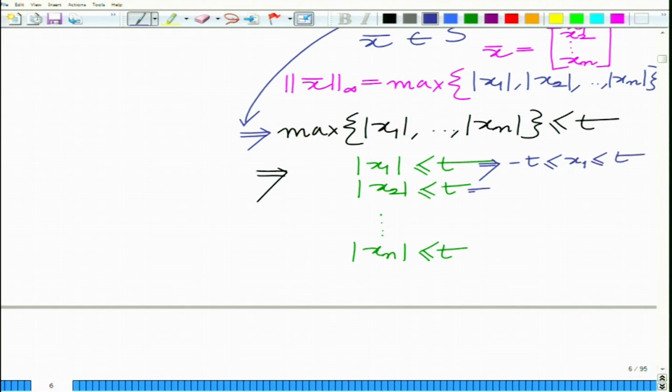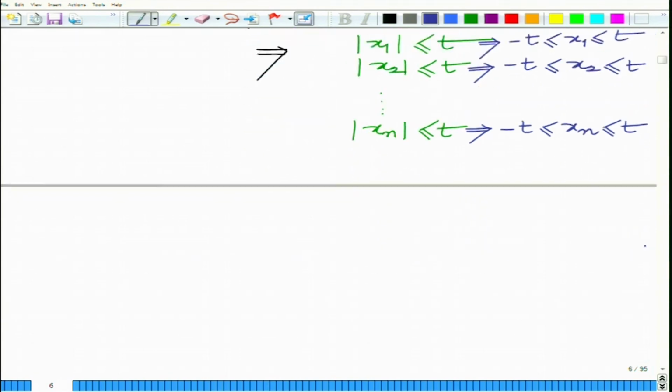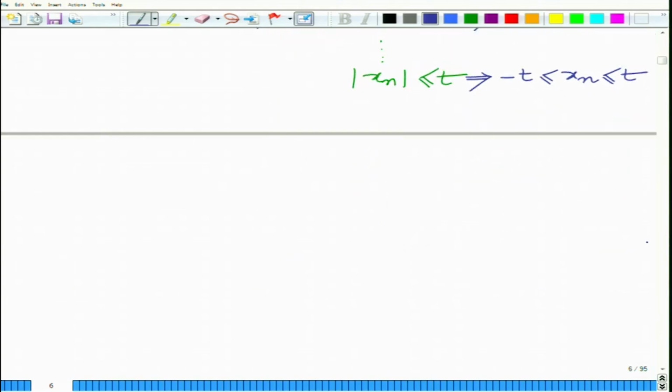Similarly, magnitude x2 less than or equal to t implies minus t less than or equal to x2 less than or equal to t, and so on. Magnitude xn less than or equal to t implies minus t less than or equal to xn less than or equal to t.